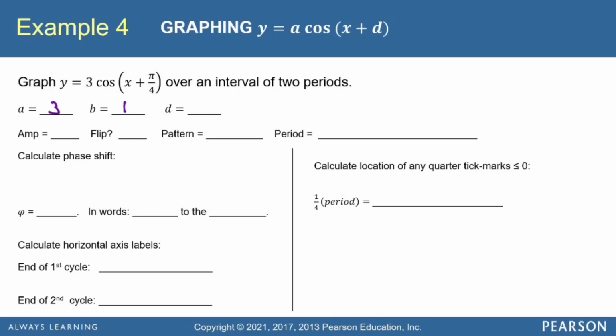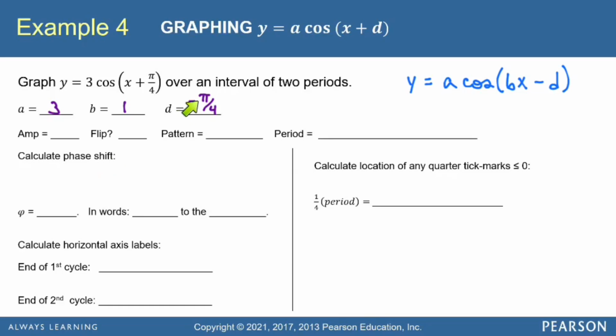Now you remember that the form of the graph is y equals A times the cosine of bx minus d. But here we have a plus sign instead of a minus sign. And what that means is d is actually negative. So I'm going to put here that d equals negative pi over 4. I don't want you to worry too much about that sign because it really all comes out in the wash when we solve the equation.